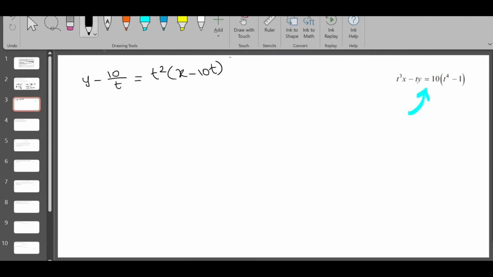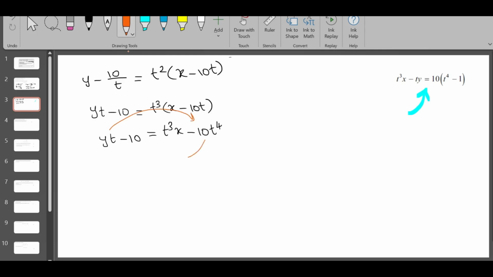Now to get it, we need to write it in this format. So to get rid of the fraction, I'm going to multiply through by t. I will get yt minus 10 is, here when you multiply by t, t cube x minus 10t. Open the bracket, you will get t cube x minus 10t power 4, which is yt minus 10. So bring the yt this side, 10t power 4 this side.